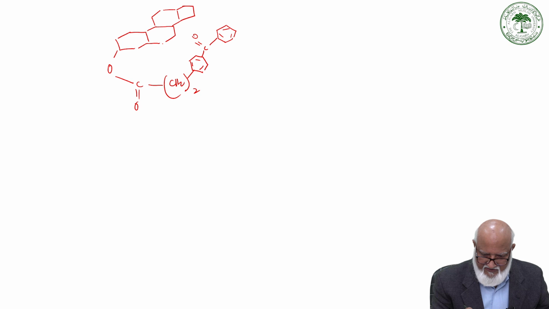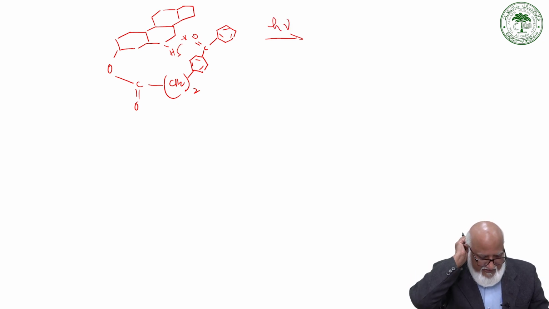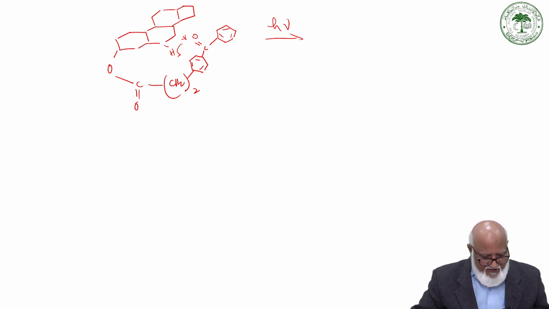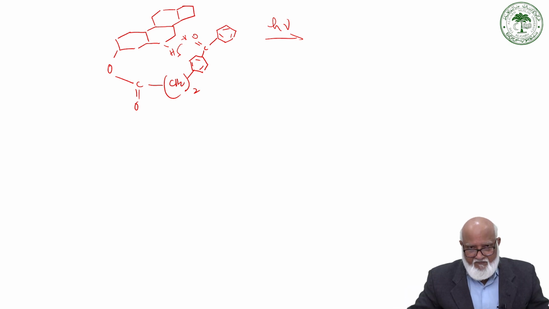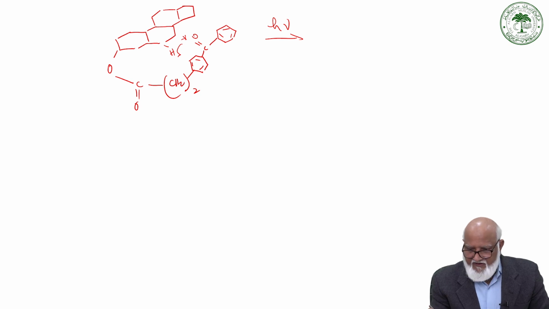This excited carbonyl can abstract, in the presence of light, a hydrogen atom. Of course, the carbon chain is quite long enough to abstract a hydrogen atom from this position to give a radical species, a 1,14 diradical.